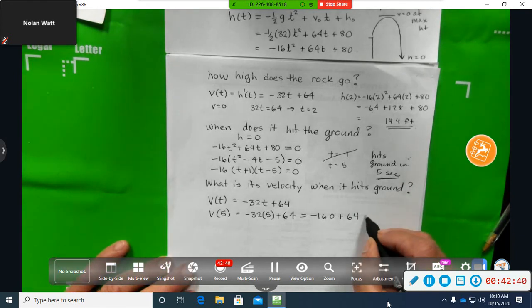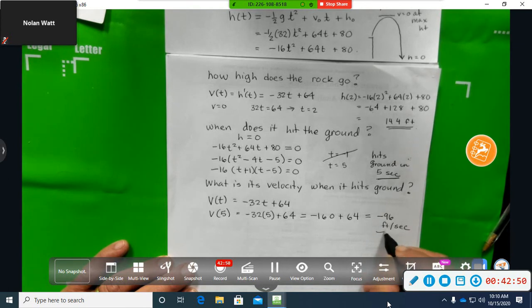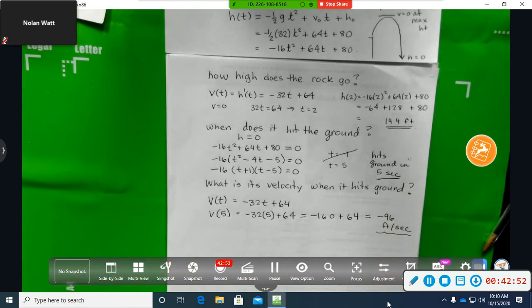What is that? -96 feet per second. If I ask for the speed, it would be positive 96 feet per second. Speed is the absolute value of velocity.